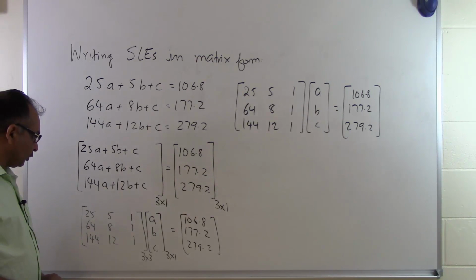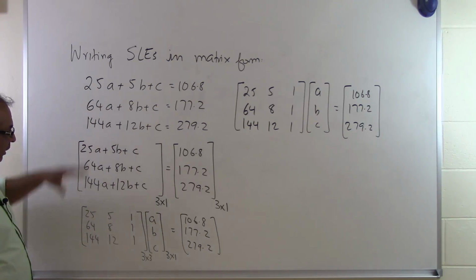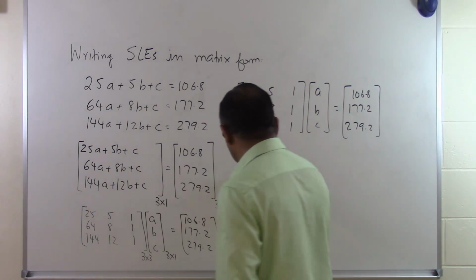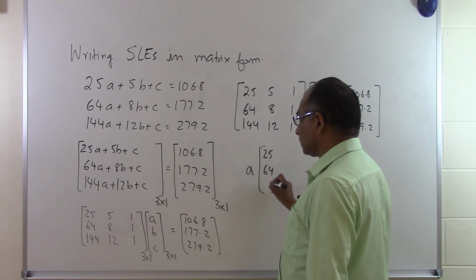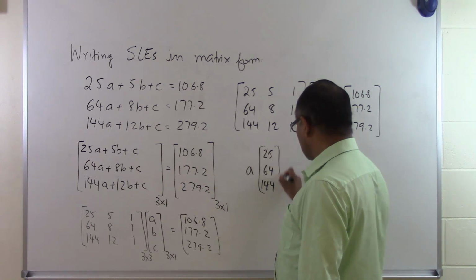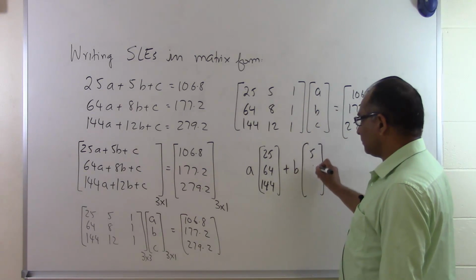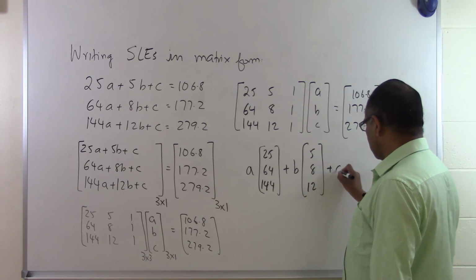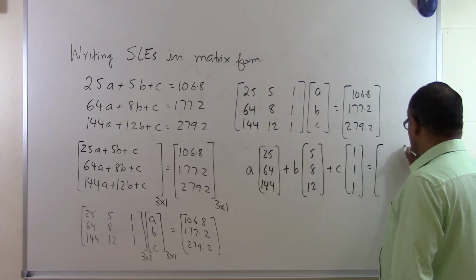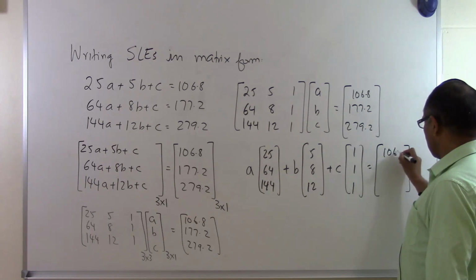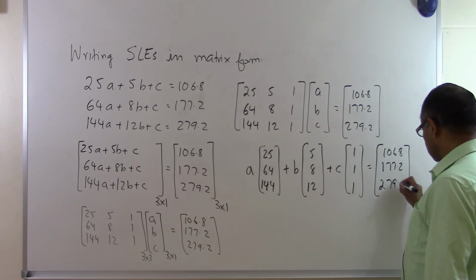You also need to recognize that these equations can also be written as a linear combination. I can put A times 25, 64, and 144 here, plus B times 5, 8, and 12 here, plus C times 1, 1, 1 here, and that will be equal to 106.8, 177.2, and 279.2.